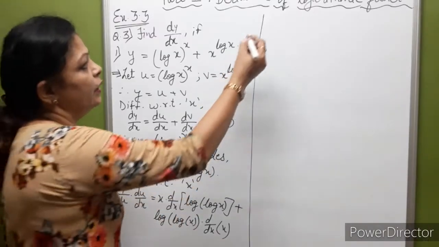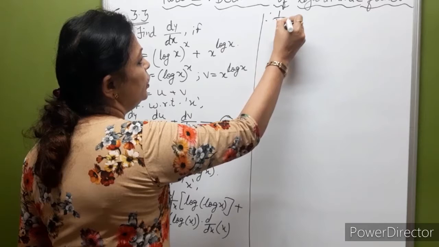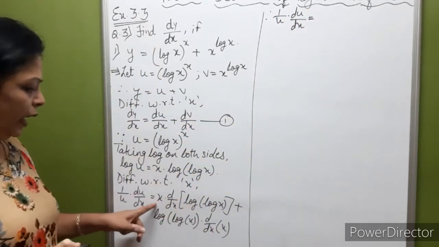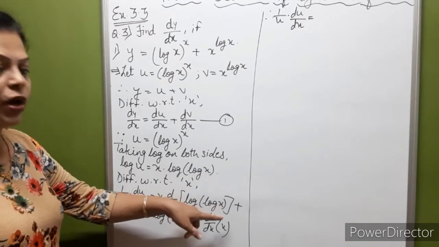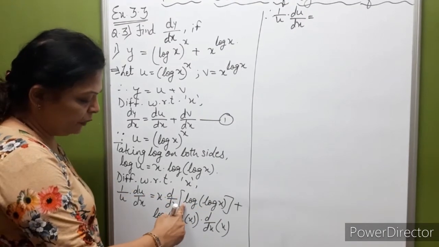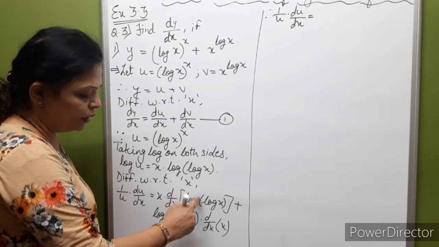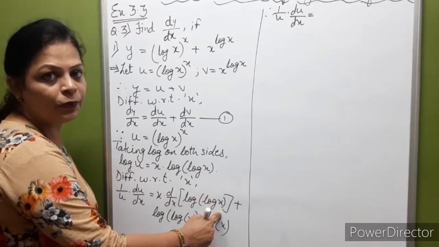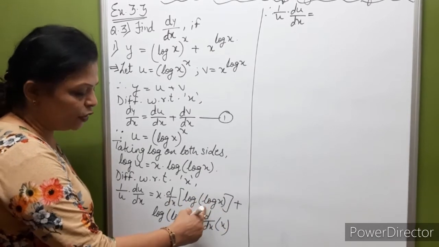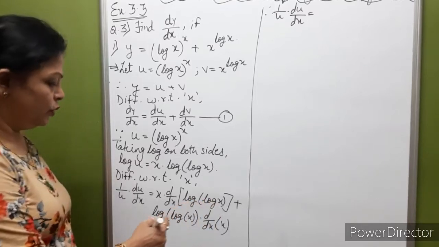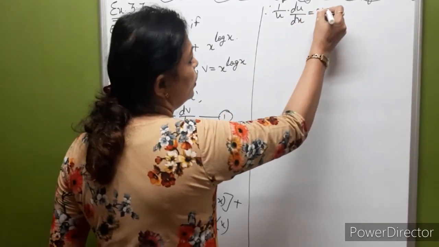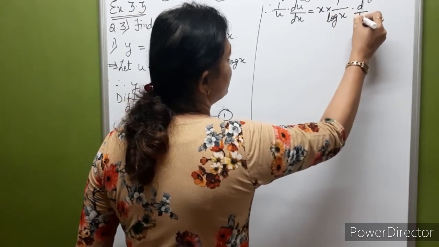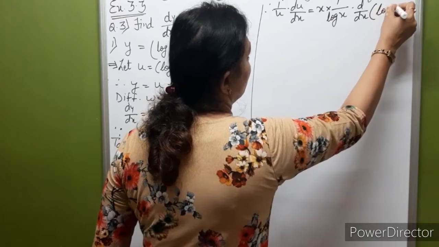Now let us simplify. What will you get? 1 upon u into du by dx is equal to x into d/dx of log(log x). So first you will differentiate the log of this function. That means you will get 1 upon log x, and then again d/dx of this log x.